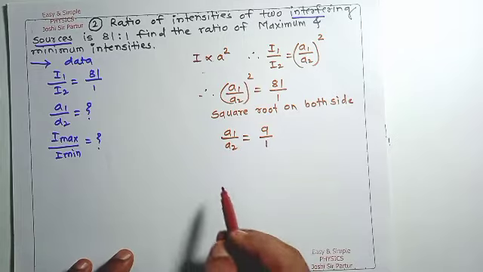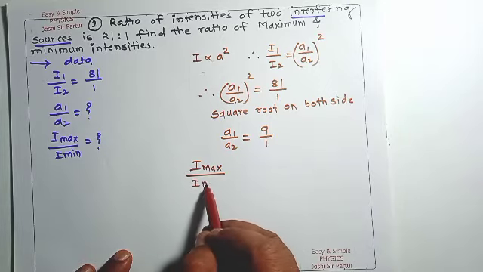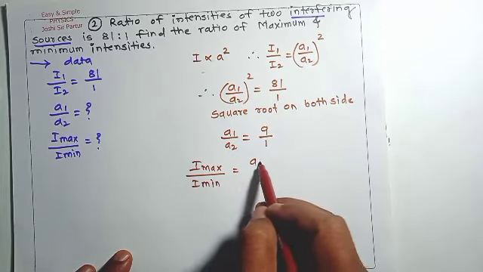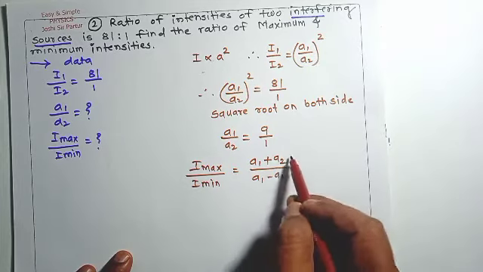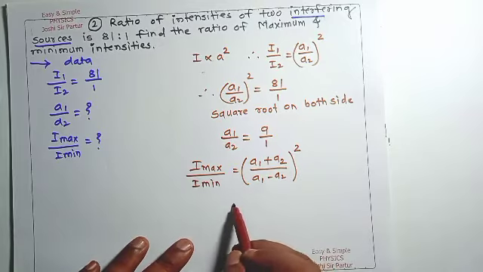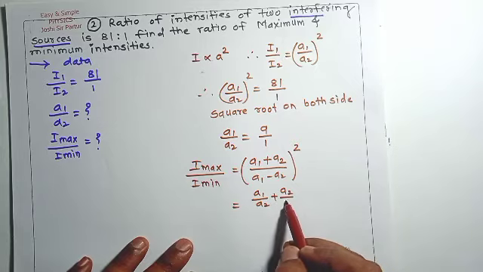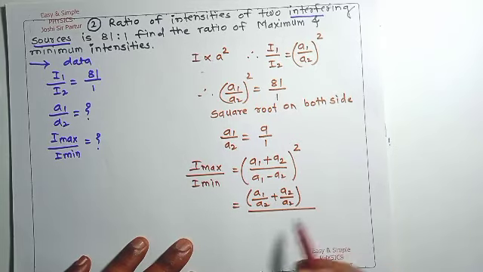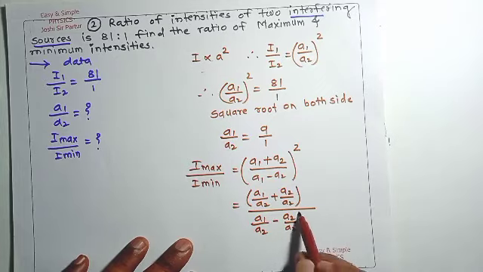Okay. Now to find the ratio of maximum intensity to minimum intensity, its formula will be ((A1 plus A2) upon (A1 minus A2)) squared, or we can write (A1 plus A2) squared upon (A1 minus A2) squared. Here, if we divide numerator and denominator by A2, we get A1 upon A2 plus A2 upon A2, divided by A1 upon A2 minus A2 upon A2.